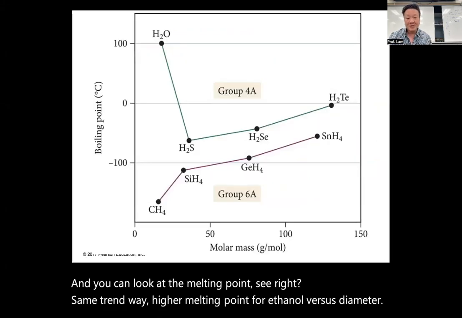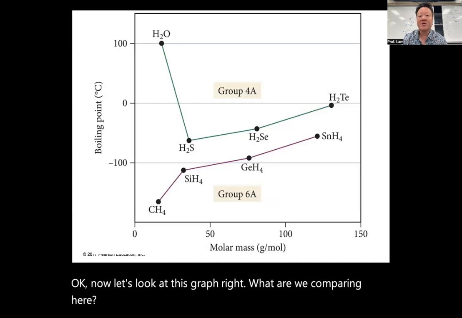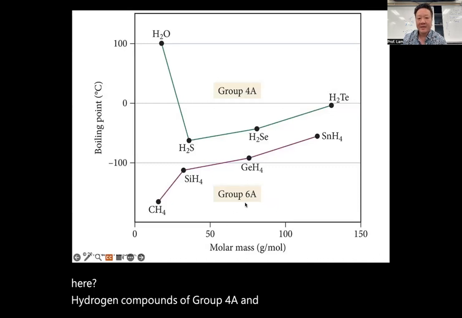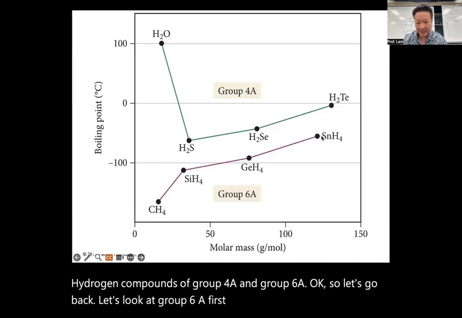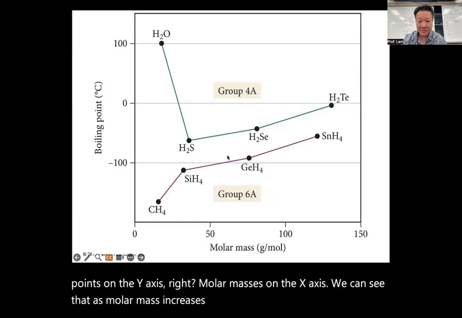Yeah. Now let's look at this graph, right? What are we comparing here? Hydrogen compounds of group 4A and group 6A. Okay, so let's look at group 4A first, which is the purple line. Boiling points on the y-axis, molar masses on the x-axis. We can see that as molar mass increases, dispersion would increase, right?